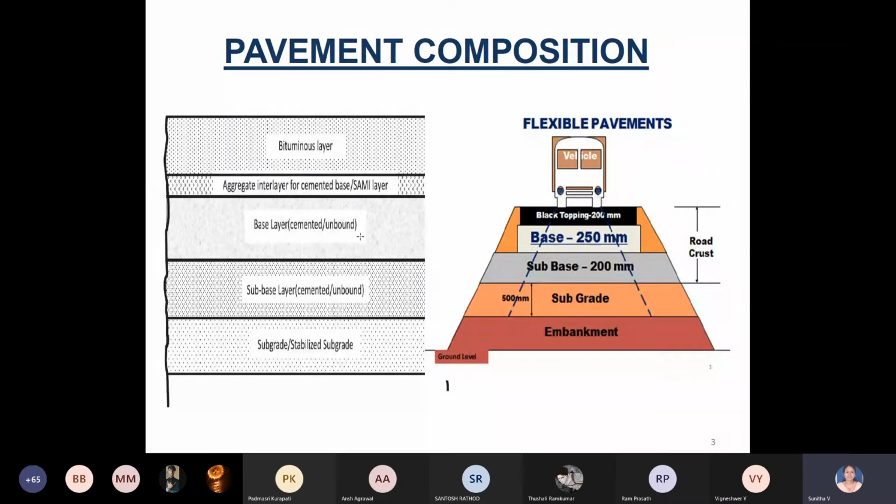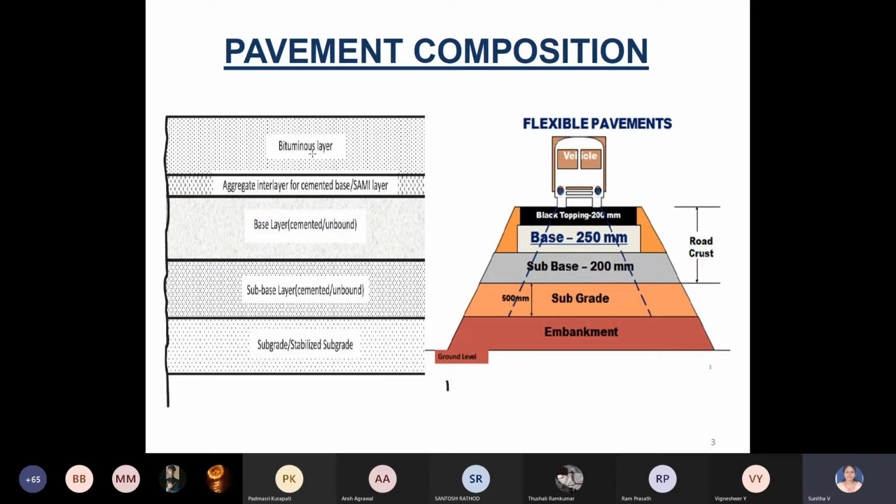As these layers are flexible pavement, what's the basic definition? Whatever deformation there is in the lower layers will get reflected in the upper layers because of its flexibility. Because of this property, if any crack or defect is there in the cemented layer, it will get reflected in the bituminous layer above also.